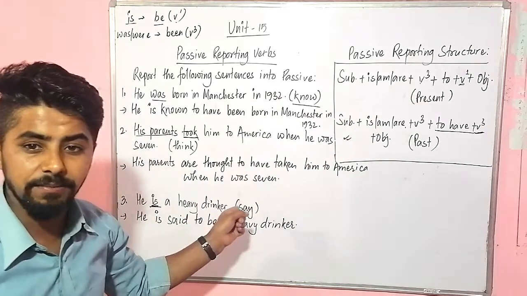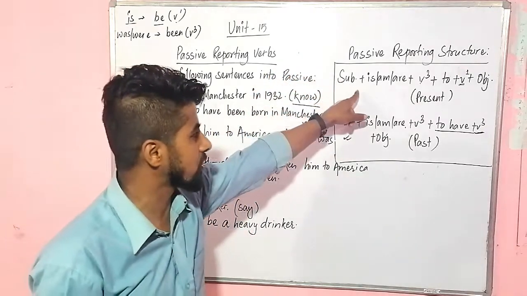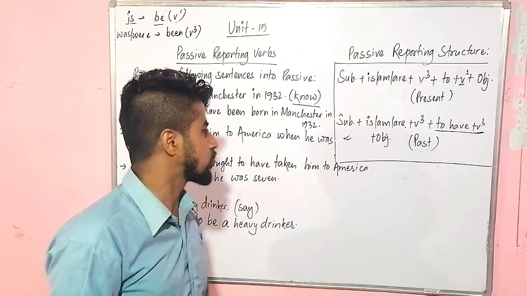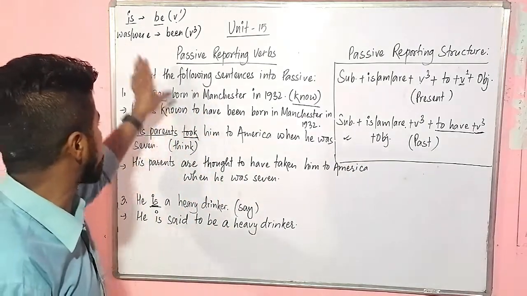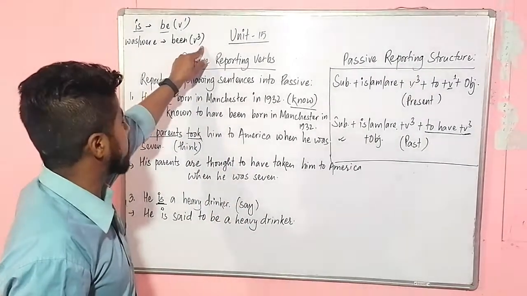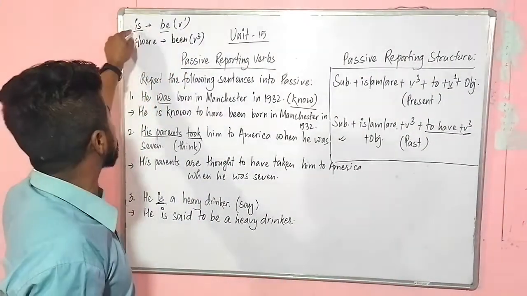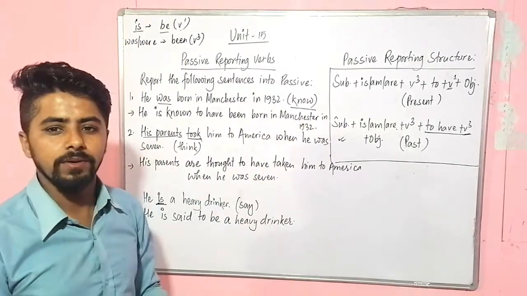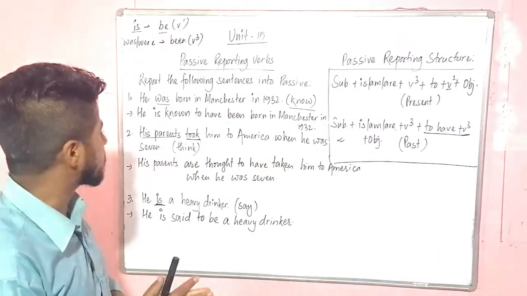If the sentences are given in the present tense, the first structure should be used, and if the sentences are given in the past tense, the second structure will be used. If the main verb is given as was or were, then as V3 we have to use been, and if the main verb is given as is, as V1 we have to use be. So I hope you can understand it, okay?